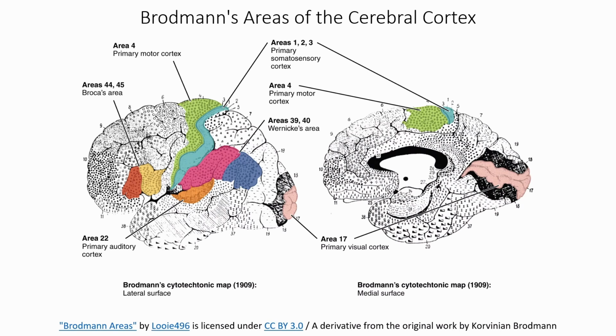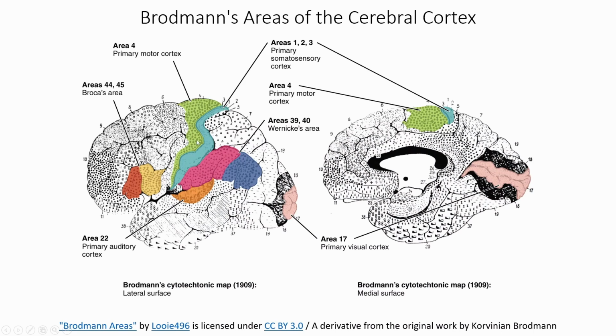So we're not going to go through all 52 in this class, because that's horrible. You don't have to memorize 52 of these things, but you do want to know about a couple of key ones, like the primary motor cortex right here. This is one of those primary areas.